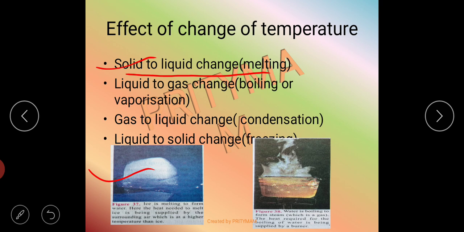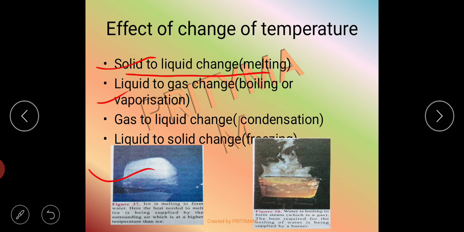Now let's see what happens in liquid to gas change. You know students, water normally exists in a liquid state. If we go on heating water, it ultimately starts boiling and changes rapidly into a gas, which is called steam.